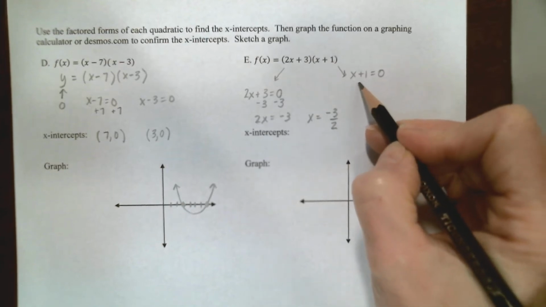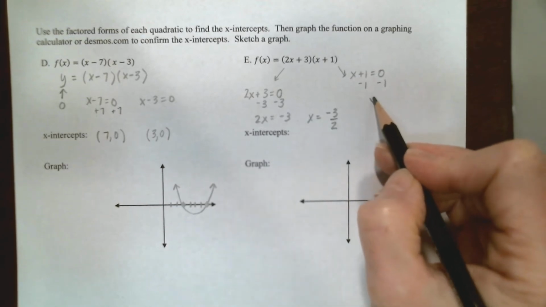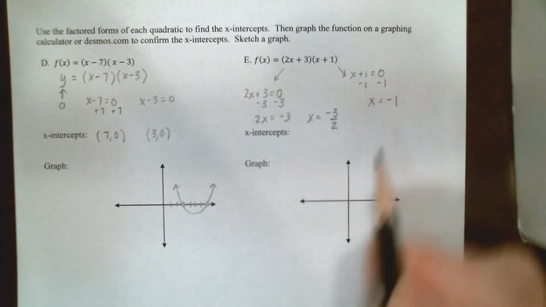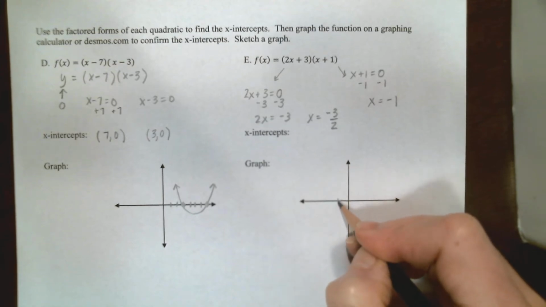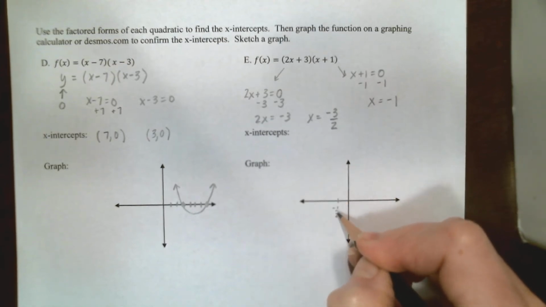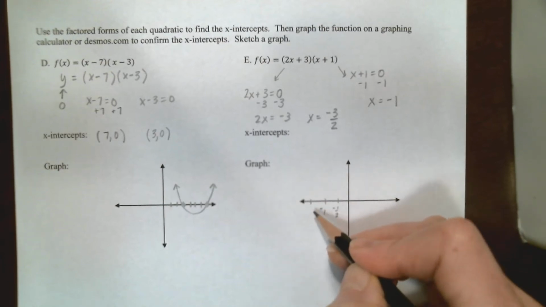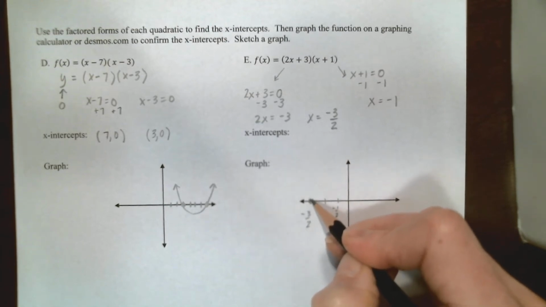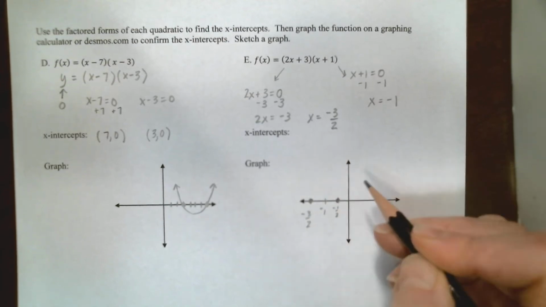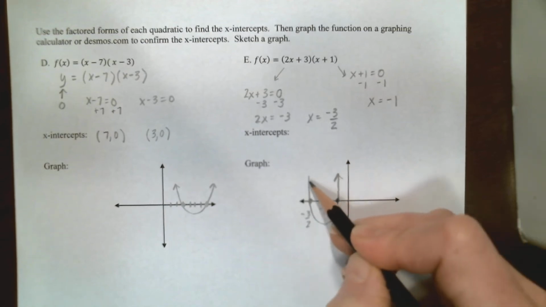I'm going to subtract 1 from both sides, and x is equal to negative 1. So both of my x-intercepts, negative 3 halves, 0 and negative 1, 0, are on the negative part of the x-axis, and the parabola would look like that.